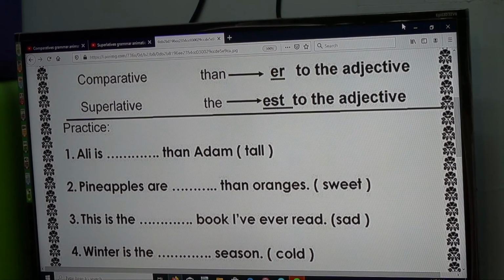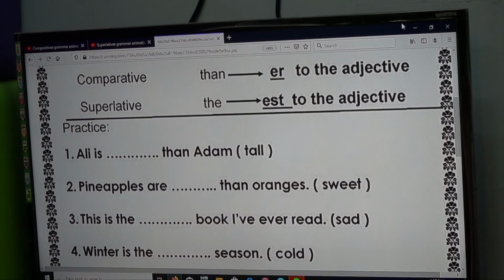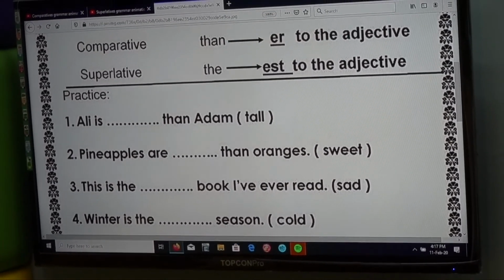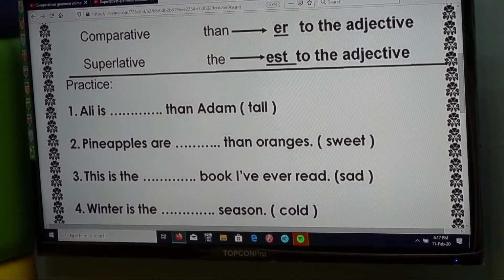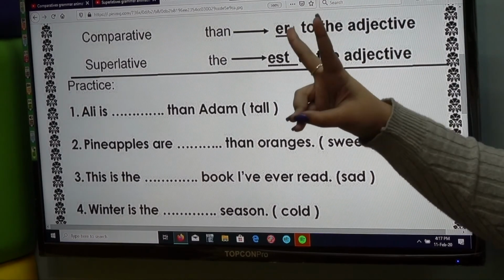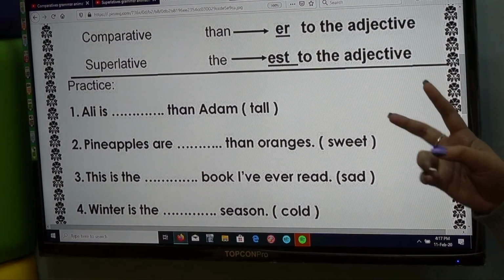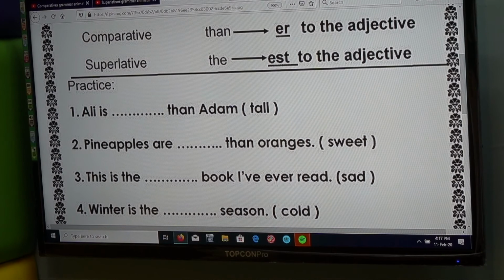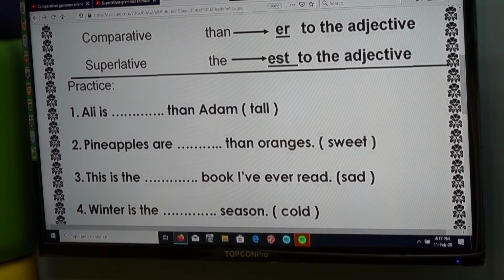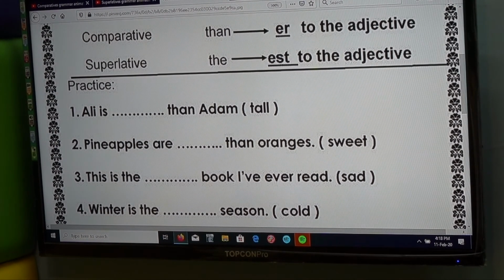So remember, for comparative, we compare two things. And for superlative, how many things do we compare? We compare 3 things or more than 3 things, right?